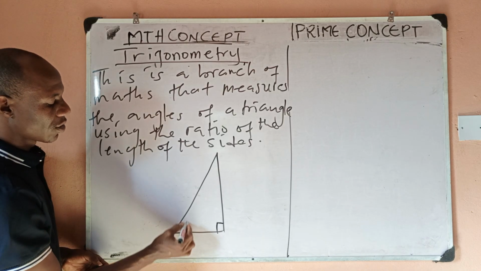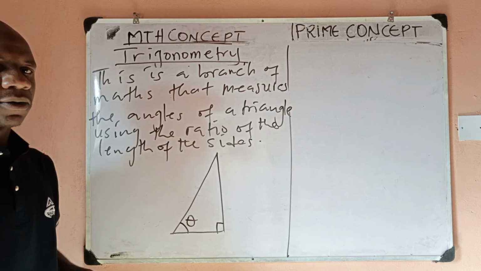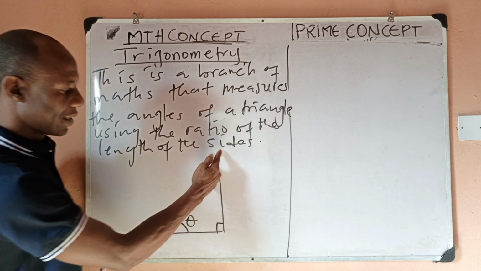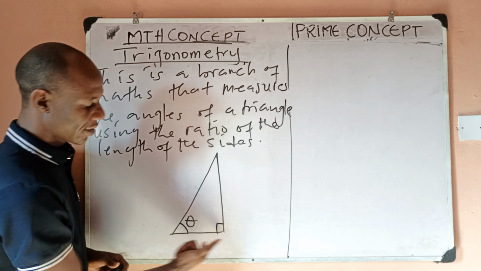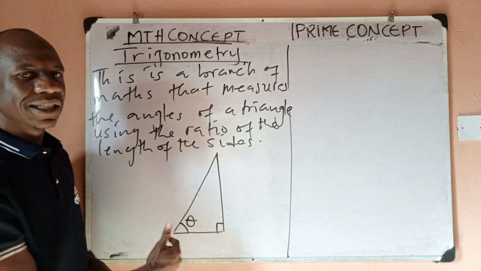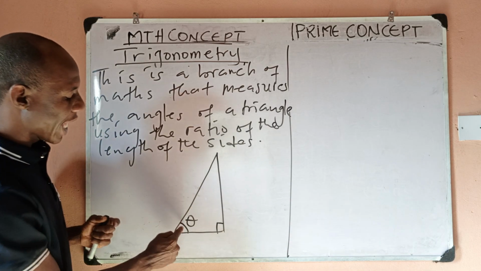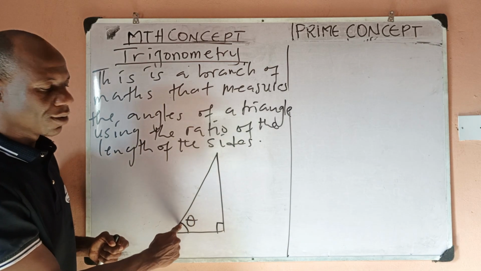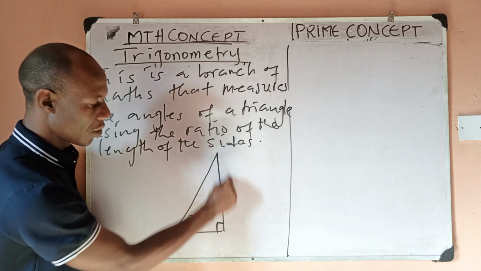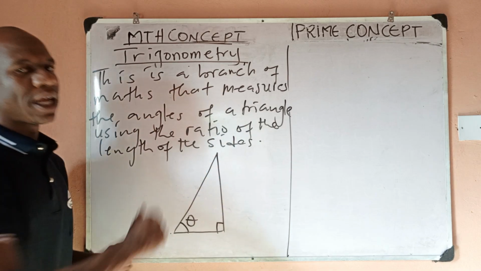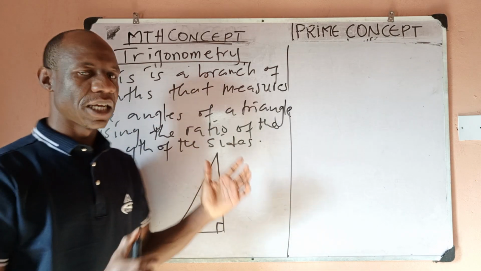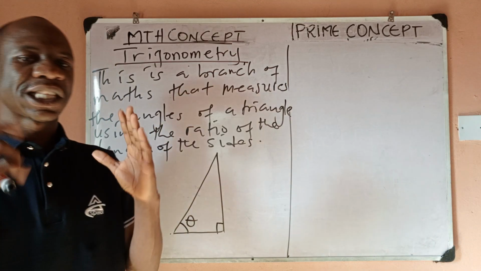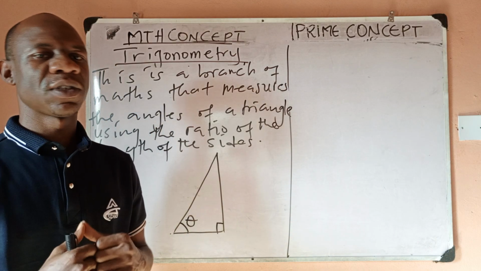So if we decide to call this theta, which is the angle of interest, so these are the sides of this triangle. They can have different lengths. So we can measure the angle of a triangle using the ratio of the sides of this triangle, which we are going to learn after now. We will see these different types of trigonometric functions that we have.